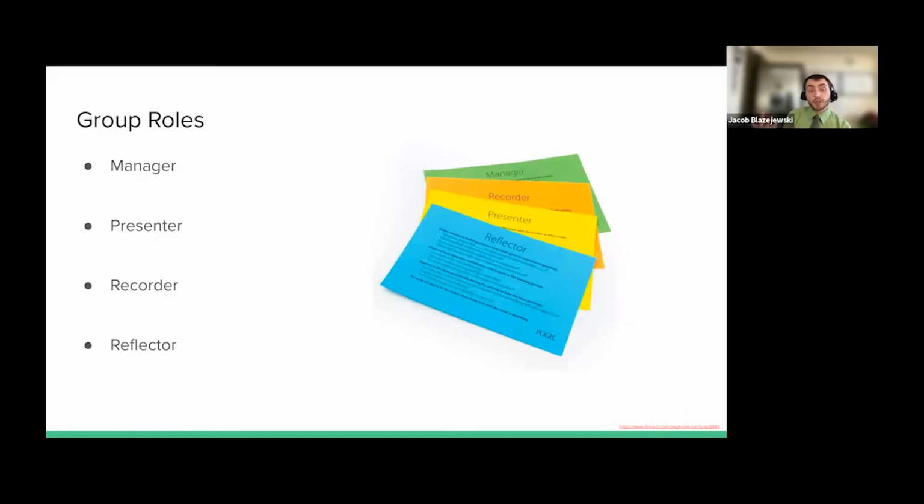For assigning roles, you can do lots of different things. You can randomly assign them. You can let students choose. For the activity that I did that we'll share shortly here, there were only three roles that I used: a manager, presenter, and recorder. I made sure to explain what all the roles were. I gave students a minute to choose.